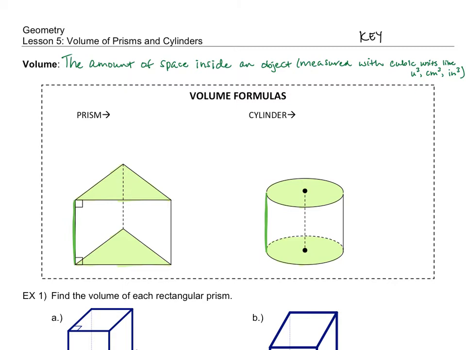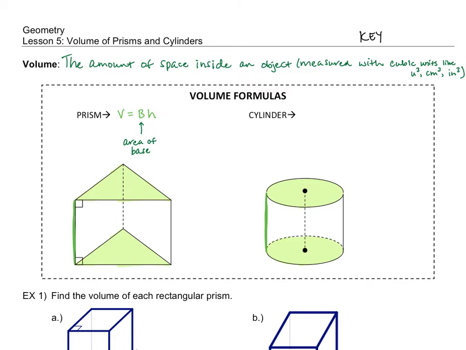So now, just generally starting off talking about volume, again, we're going to focus on prisms and cylinders today. And then we're going to focus on the other two shapes in our next couple of lessons. So for a prism, as we can see, we have pictured below, specifically a triangular prism. What we're going to realize is that the volume for that will be equal to whatever the base is times its height. Now, specifically with our base, that B value, we're looking at the area of our base.